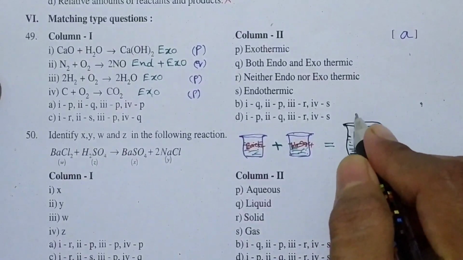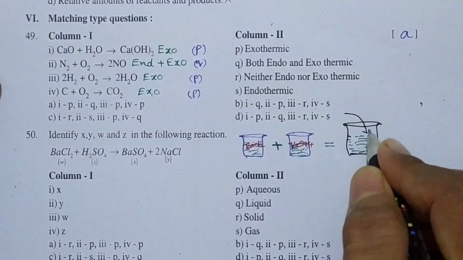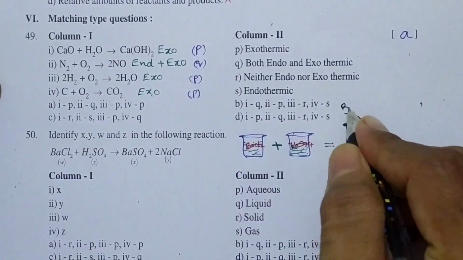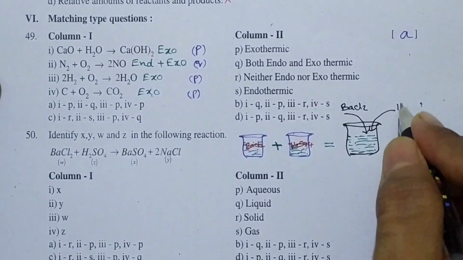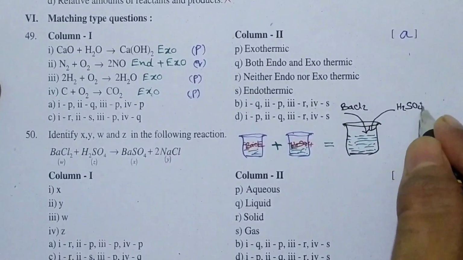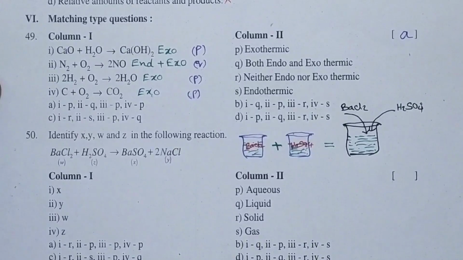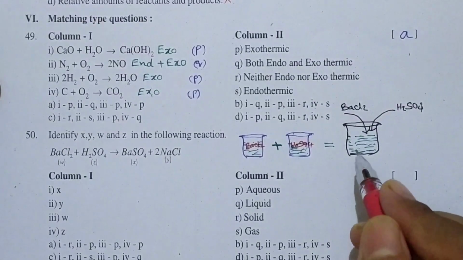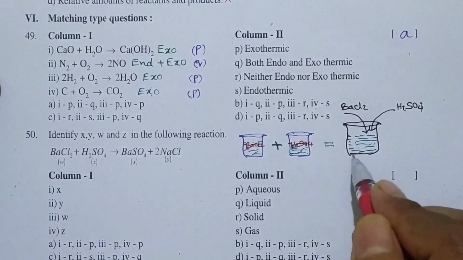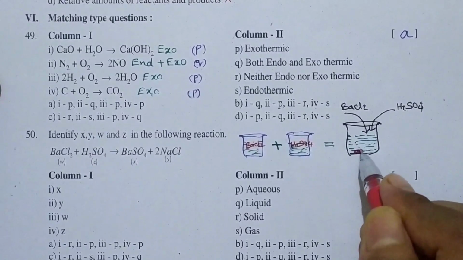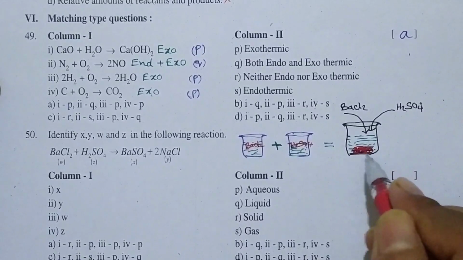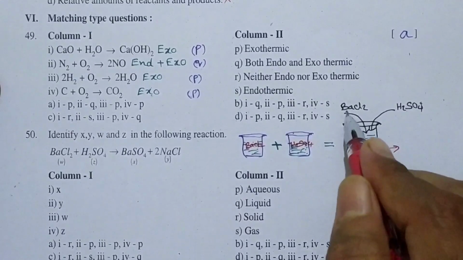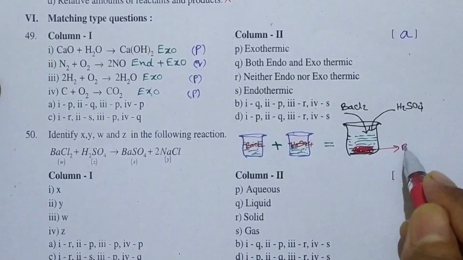Here what are the constituents? First BaCl2 and H2SO4. Both are mixed in it. After some time, if it is left undisturbed, without moving it, if we leave it for a while, then slowly a precipitate will be formed. This is nothing but BaSO4.